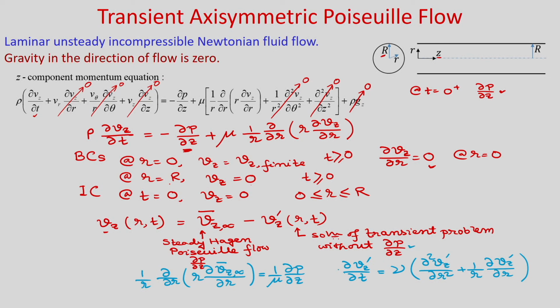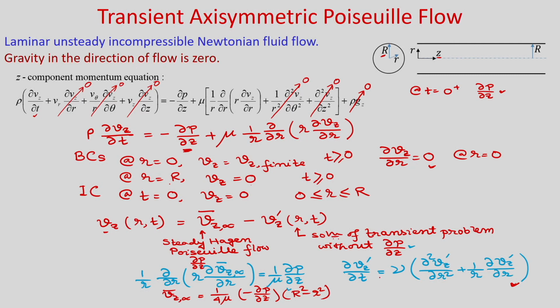So, obviously, this is a homogeneous equation, but this is your steady state problem with pressure gradient, and you know the solution for this problem. Vz bar infinity is equal to 1 by 4 mu times minus del P by del Z into R square minus r square. So, you have already solved this problem. Now, we need to find the solution of Vz prime, and this problem is a homogeneous and linear equation.